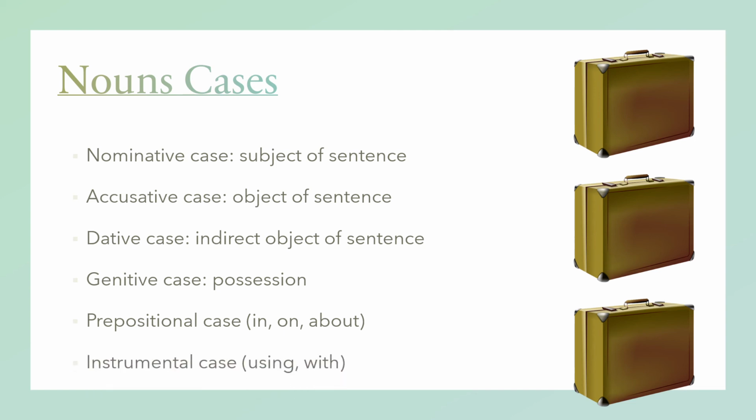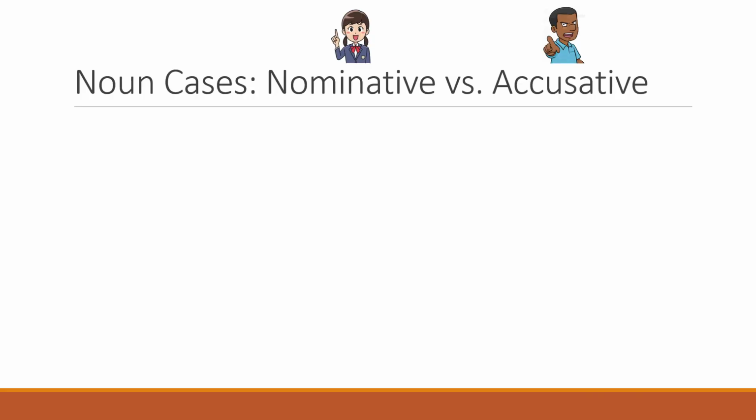And the instrumental case is whenever you're using a tool or if the word with is there. Okay, so this is a quick overview of all 6 noun cases. Now let's take a look at them. Specifically, we'll start with the nominative versus the accusative.